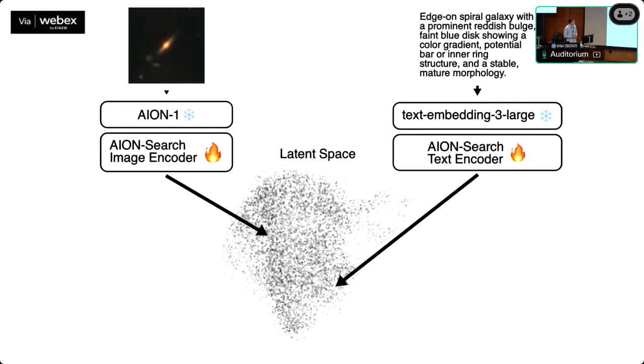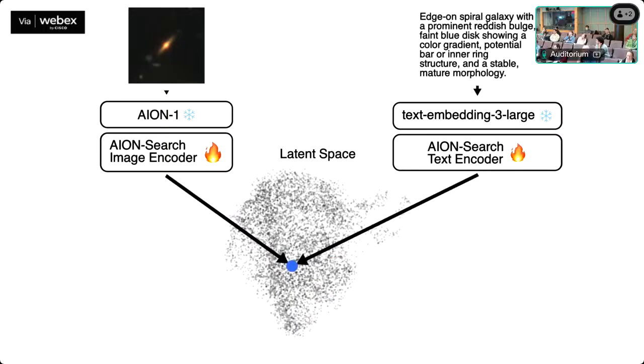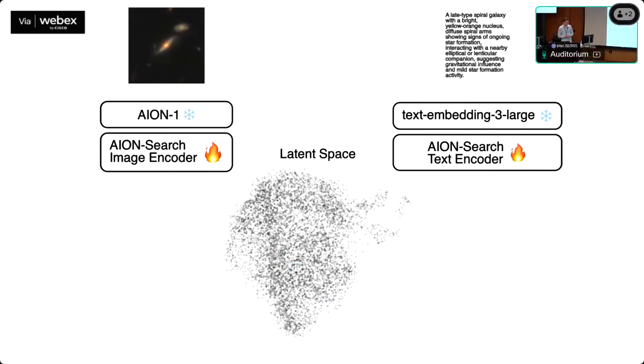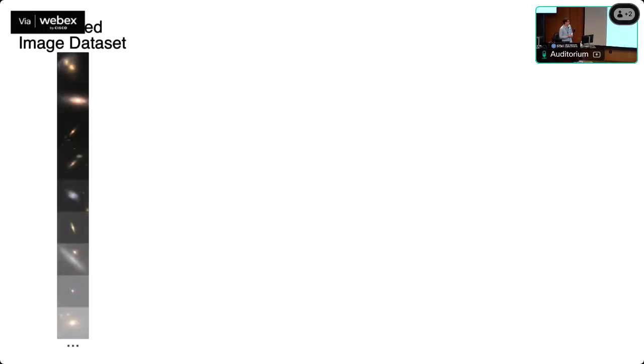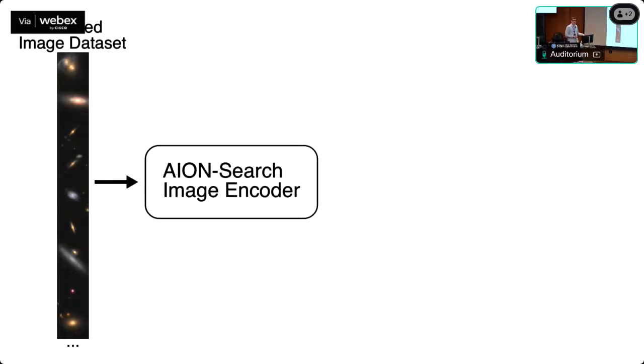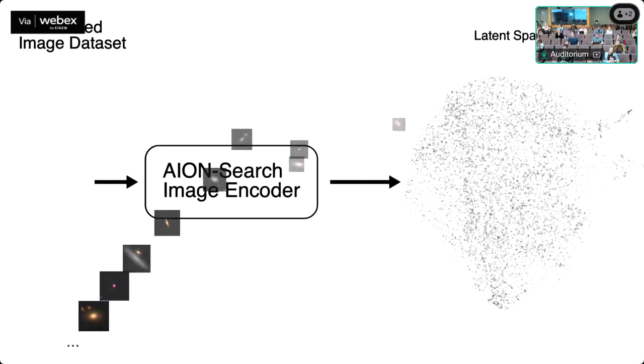And we do this for all the 300,000 images. What it ends up producing is this space where the images and the text are aligned, that you can then use on all your 100 million unlabeled images. You can project it into this space.